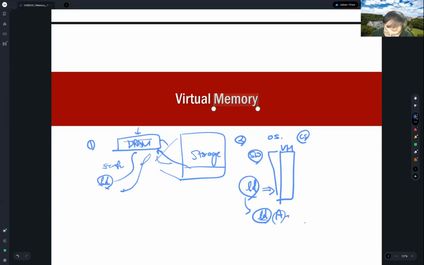But because many processes are running concurrently on our computer systems, the DRAM memory space is shared by multiple processes. The problem is that the space of the DRAM should be dynamically allocated to each process.